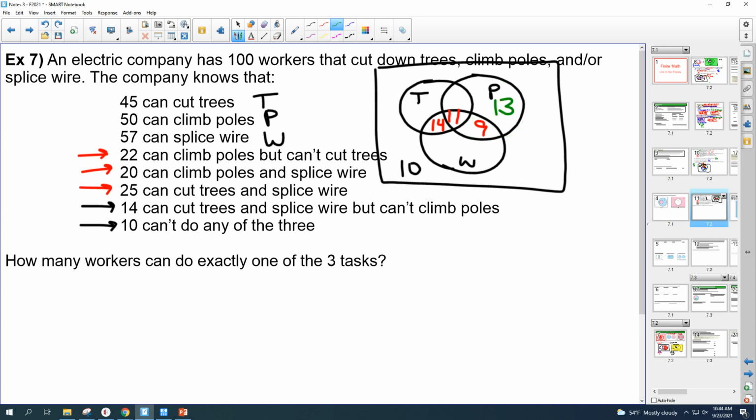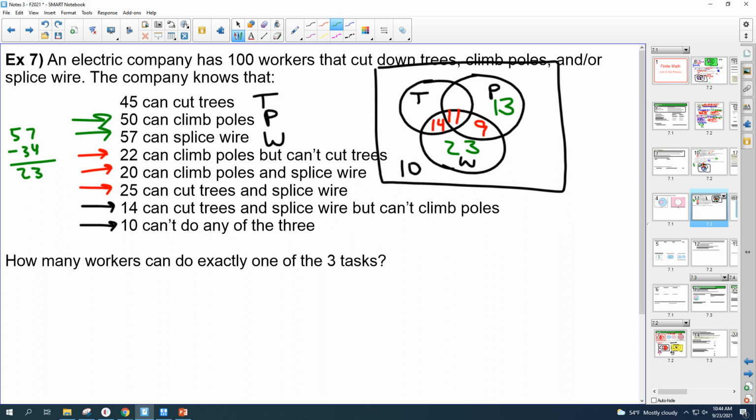That makes 22 that can do poles but not trees. 57 can splice wire. Okay, well that's this whole circle, right? Splice wire is this whole circle. Right now I've got, what, 20, 34? I've got 34 showing. So this is going to be 57 minus 34. What was that, 23? It's 23.